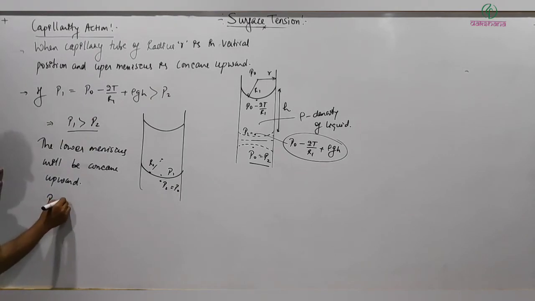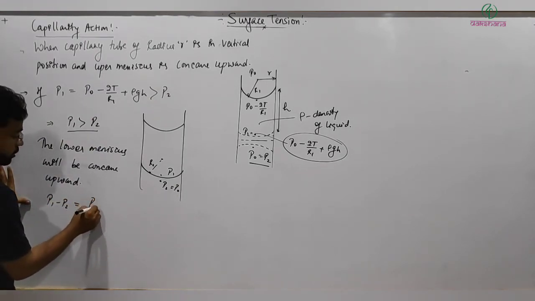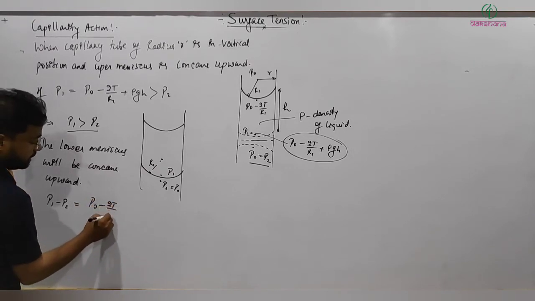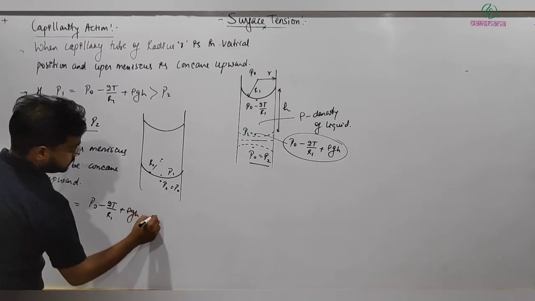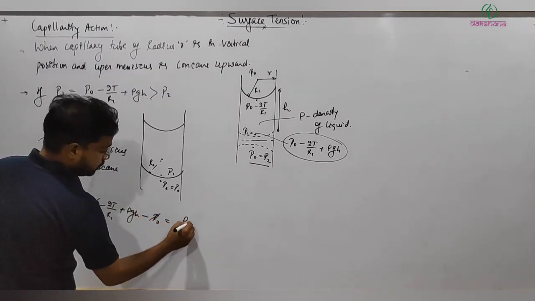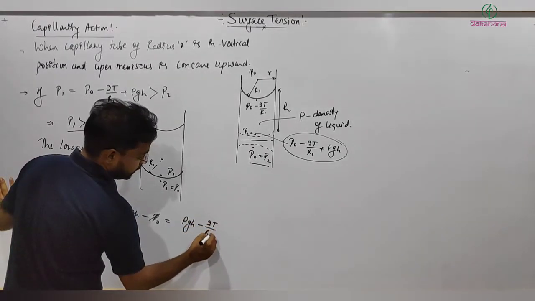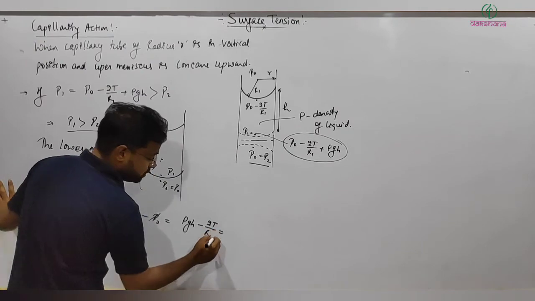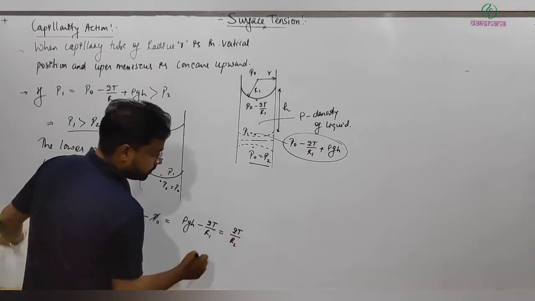So P1 minus P2 is equal to P naught minus 2T divided by R1 plus rho g h, minus P naught. This comes out to be rho g h minus 2T by R1, and this should be equal to 2T divided by R2.